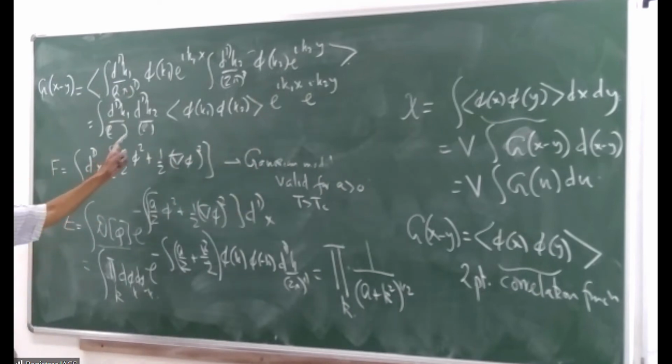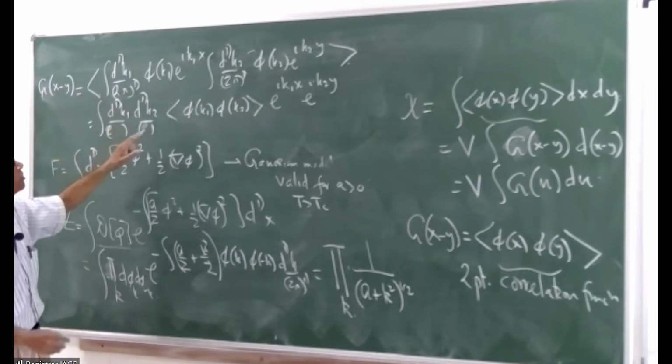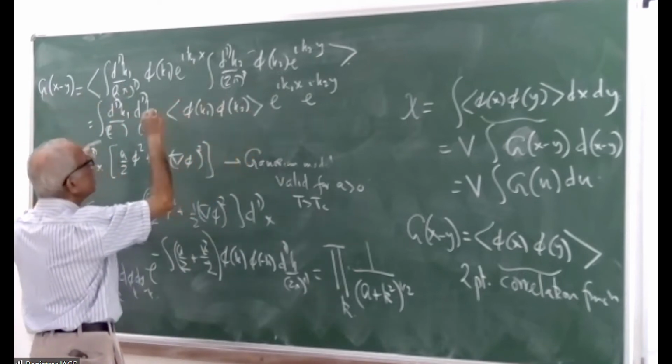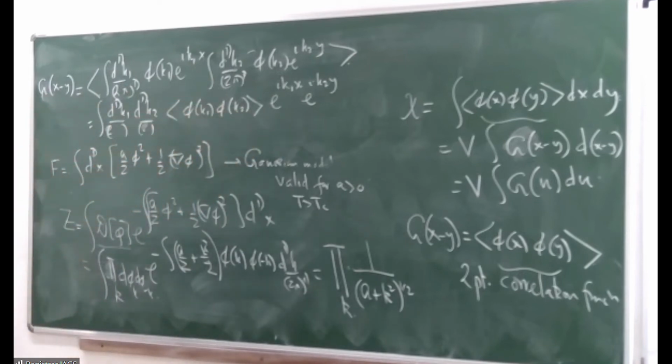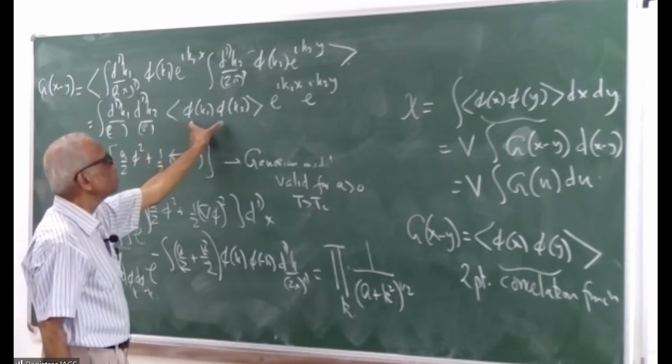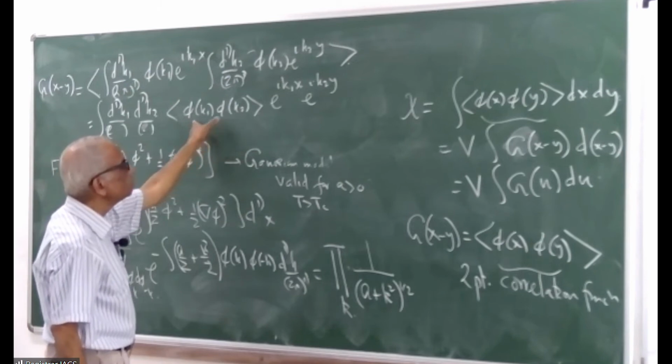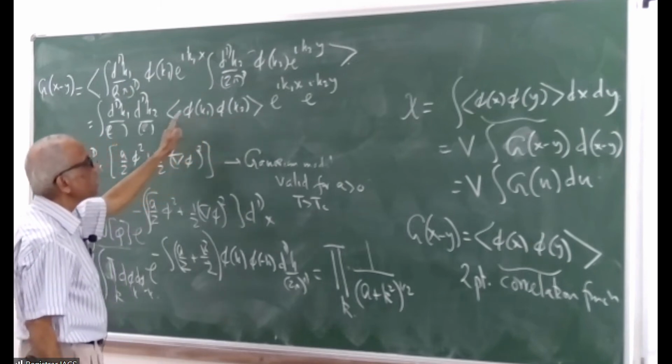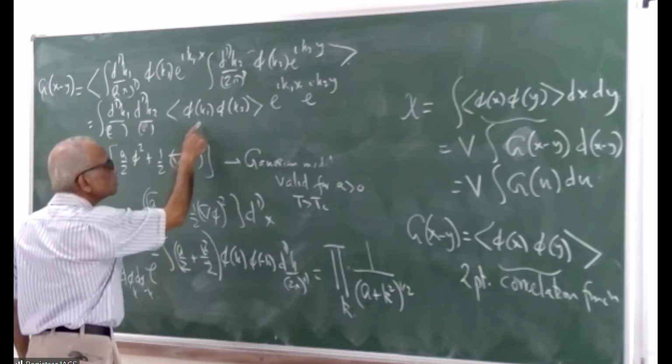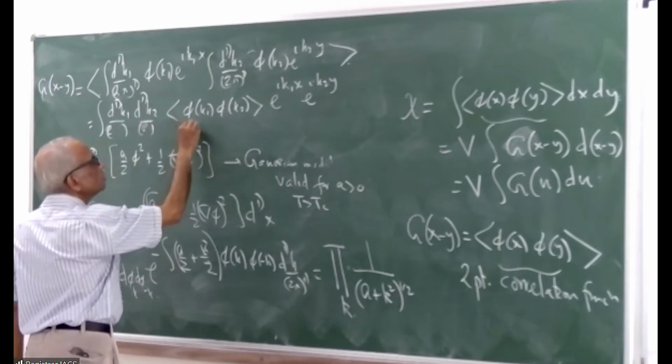That is what would make this right hand side a function of x minus y. So this quantity, phi k1 phi k2, is some function.